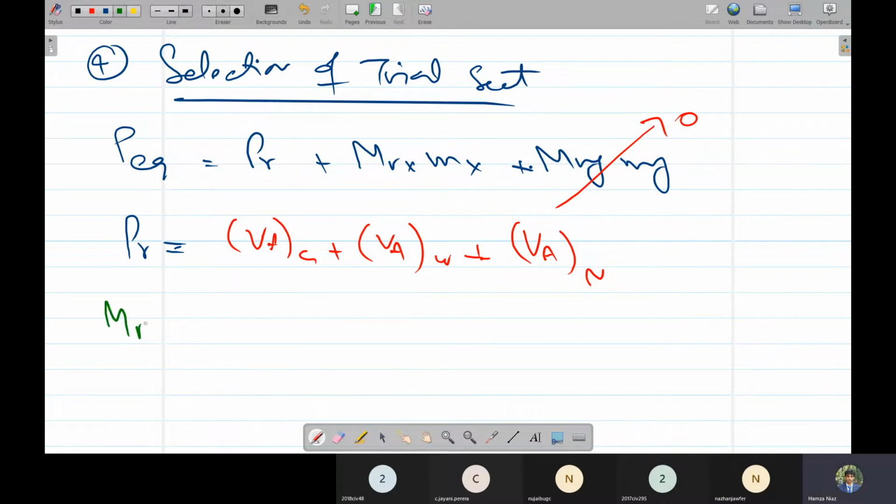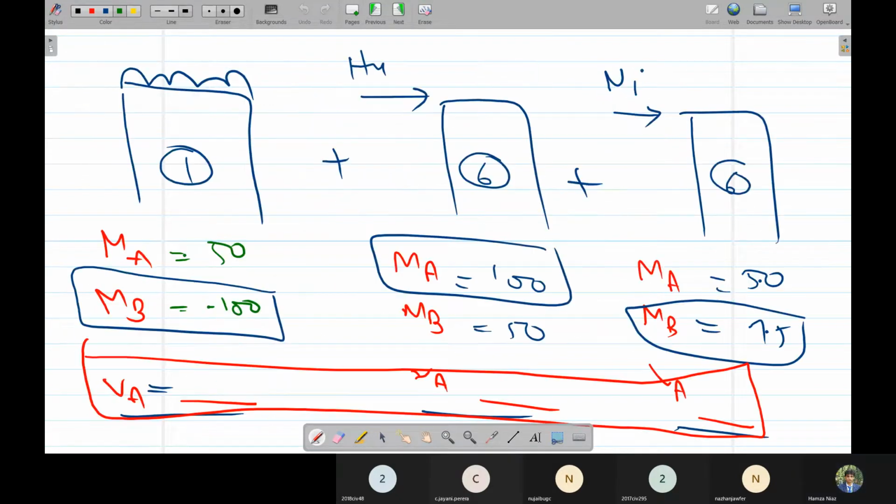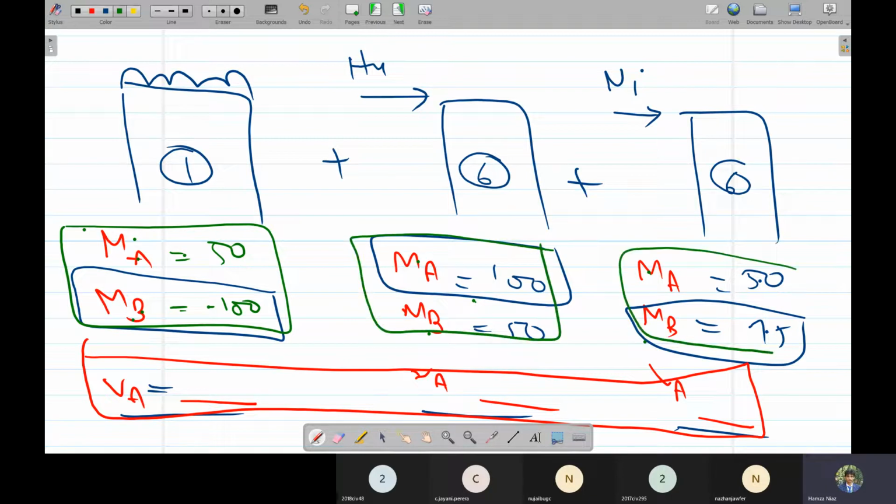Second is MRX. For MRX, we calculate two moments, MA and MB. Whichever is the largest of these two, we'll select. For example, MB from here, MA from here, again MB. So we'll select the largest without their sign.